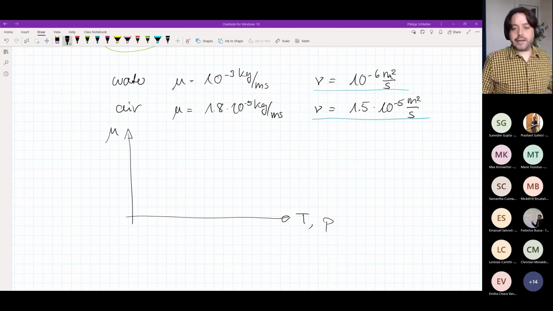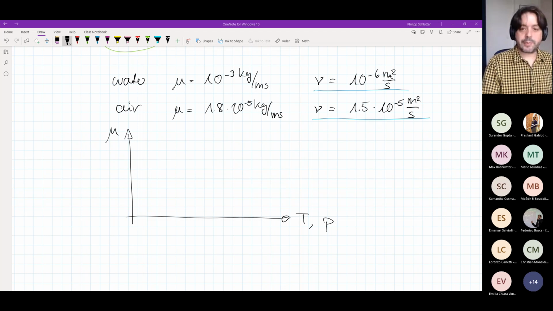We were talking just before the break about the viscosity of fluids and gases, and we wanted to look at the temperature and pressure sensitivity or dependence of these liquids and gases.